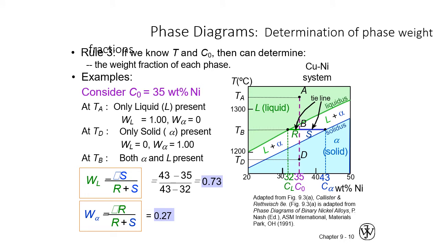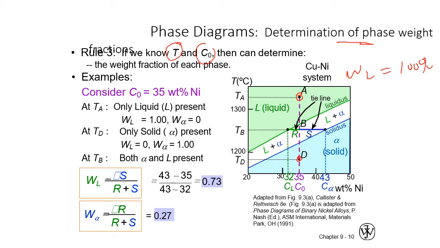Okay, from the phase diagram, we can determine the weight of each phase, right? If you are given the temperature and composition, then you can determine the weight percent composition. For example, if you end up at point A, then you will see that the weight percent of the liquid is 100%, because there is only one phase.